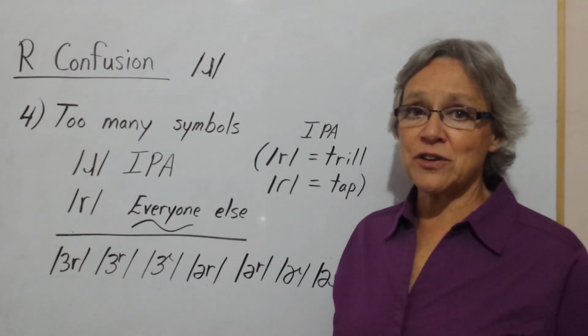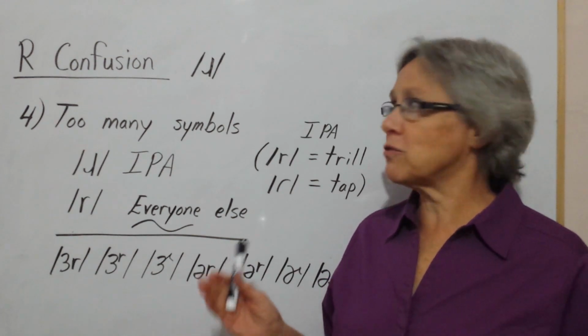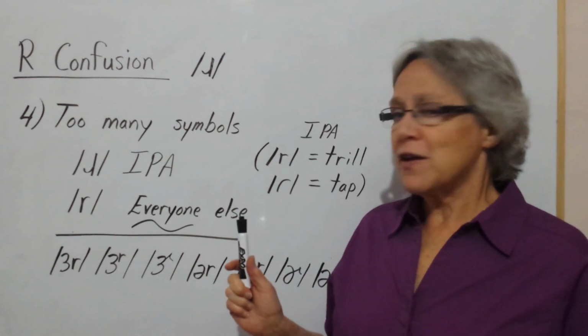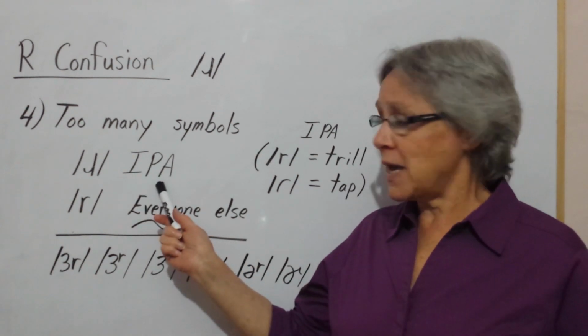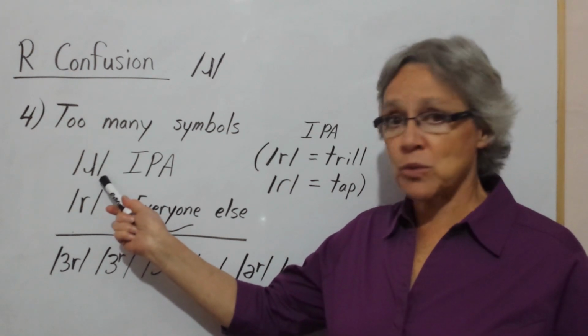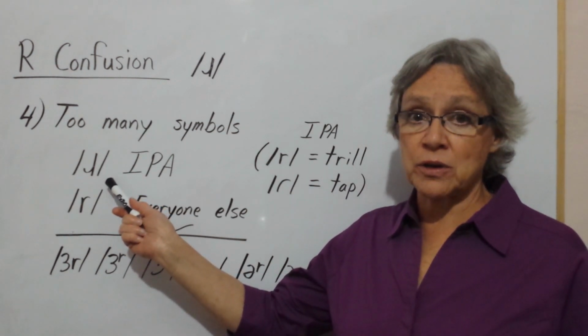Another thing that is often very confusing for people is the type of symbols that are used to represent this sound. As a matter of fact, other sounds too. But, for example, the IPA, or International Phonetic Alphabet, uses this symbol to represent the American R sound.